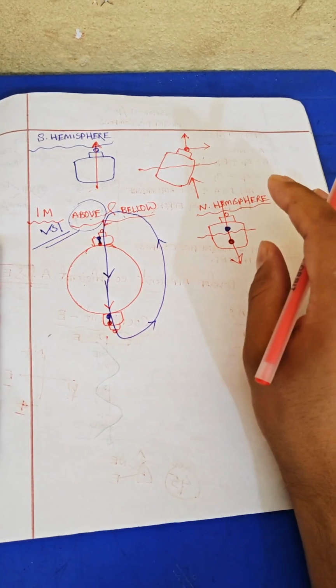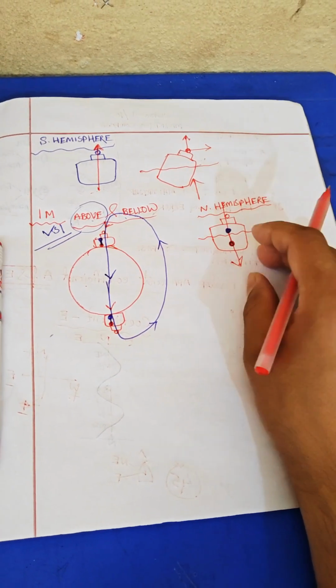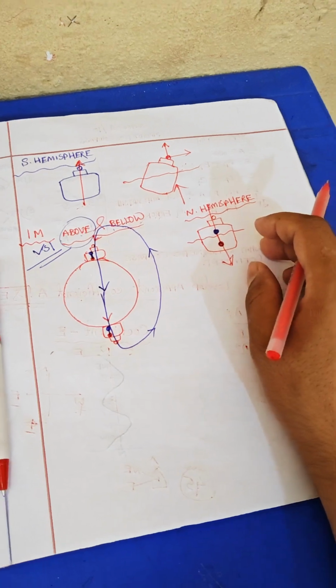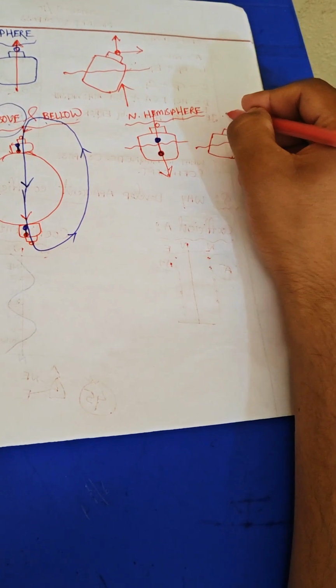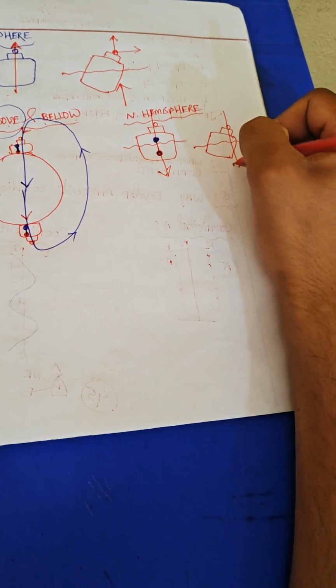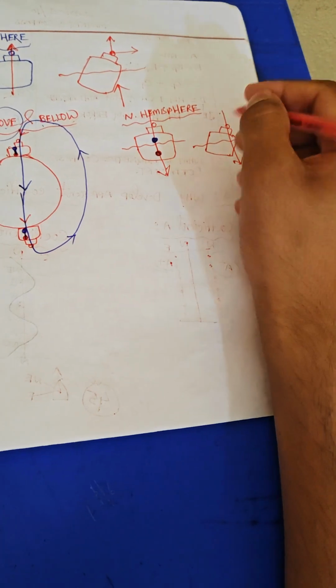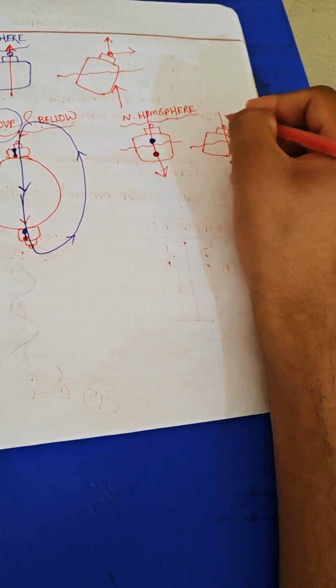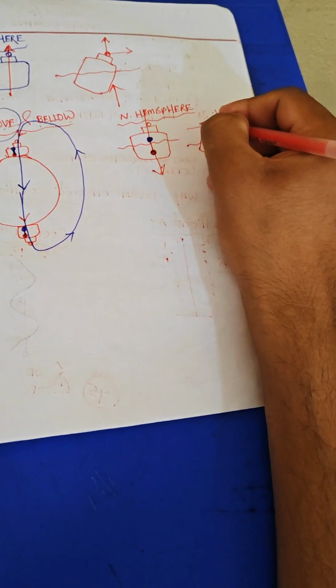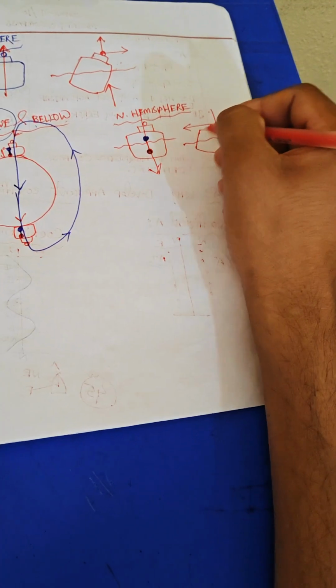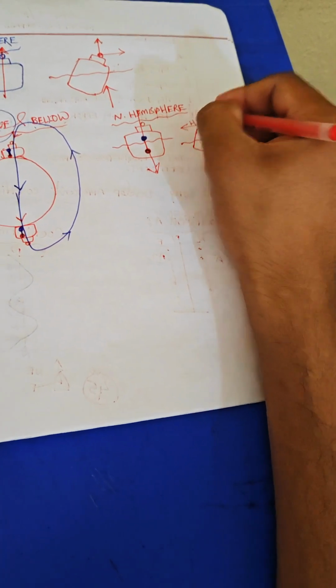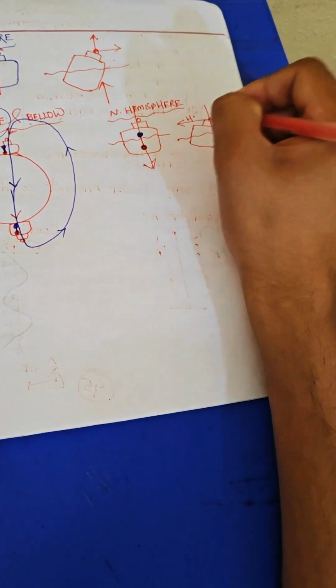But when heeled over, that time the problem will come and deviation will be created. So viewers, when heeled over, one component will act vertically downwards, and another, since it is the northern hemisphere, will act towards the high side of the roll. These horizontal components will create the deviation.